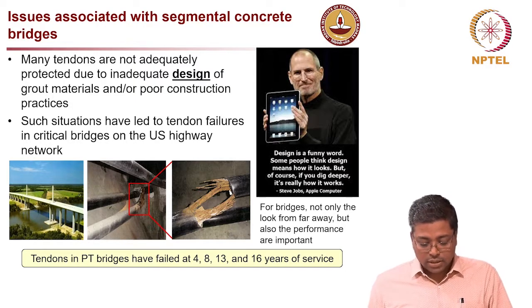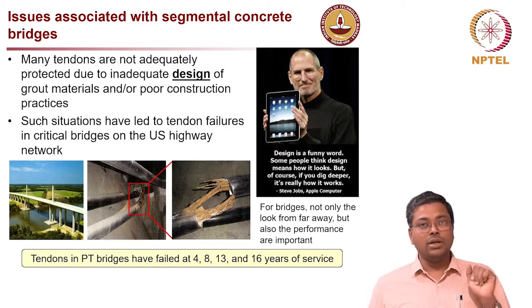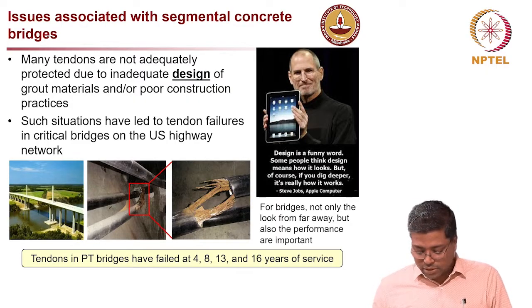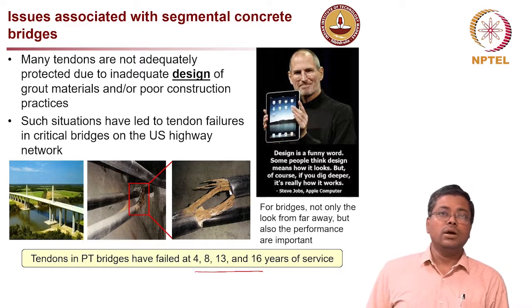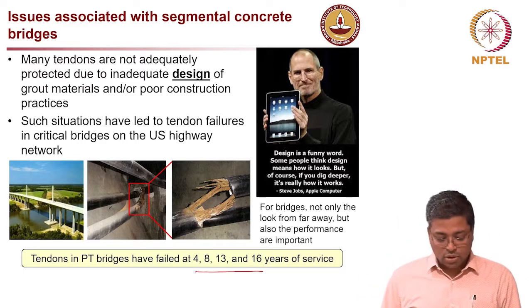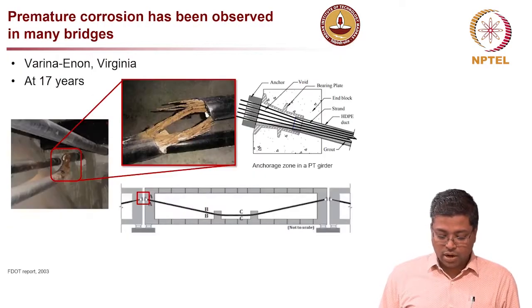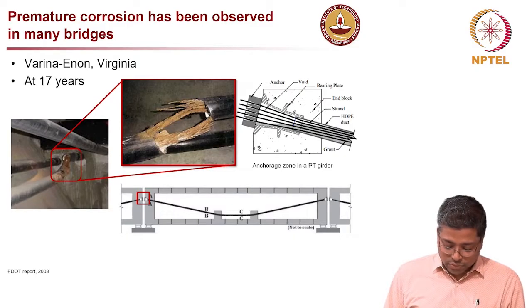In this picture, this bridge actually failed after the tendons were refilled with grout, and within about 15 years they started experiencing corrosion, which is not at all expected in these kinds of bridges which are designed for 100+ years. Now, where is the corrosion actually happening?